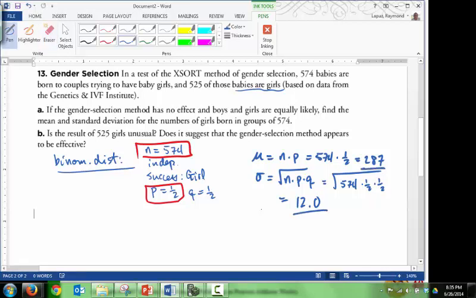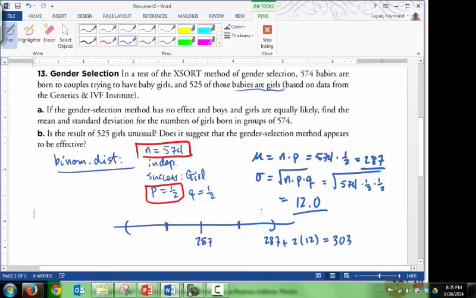So based on my mean and standard deviation, if I have a range of values, 287, and then my range of usual values, if I add 2 times 12, so this is 287 plus 2 times the standard deviation. This is mu plus 2 sigma. So add 24 to this, 303.